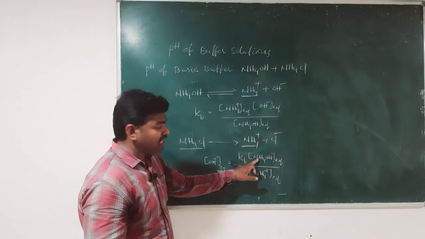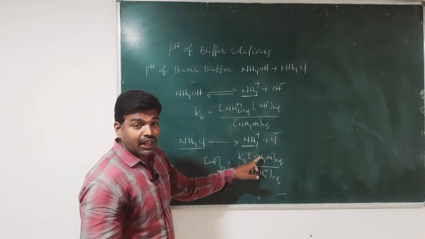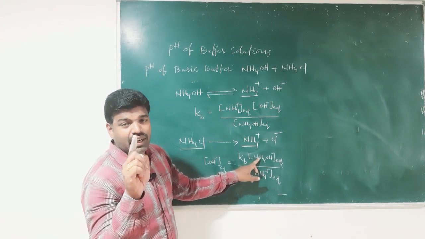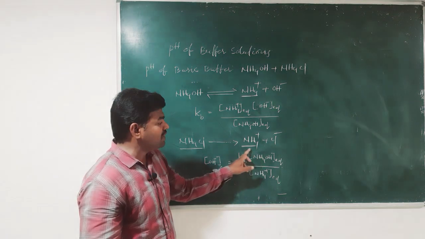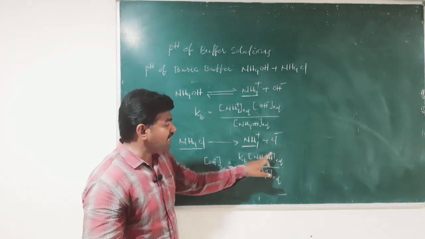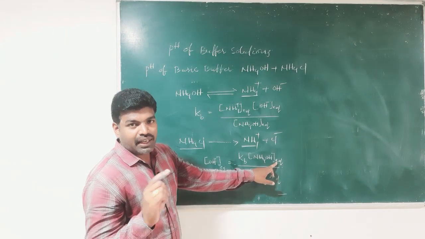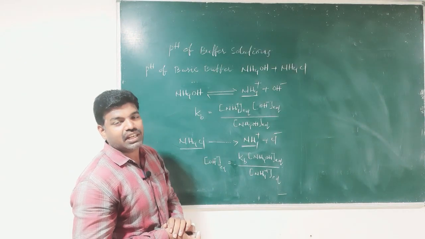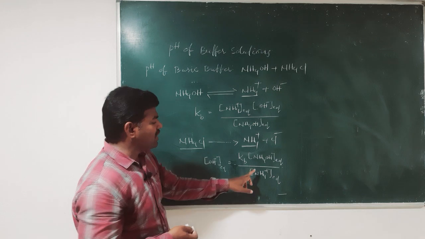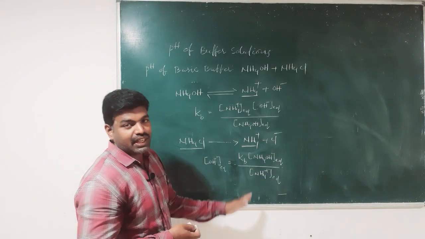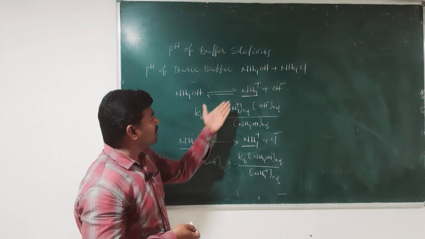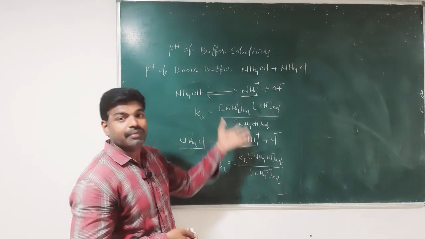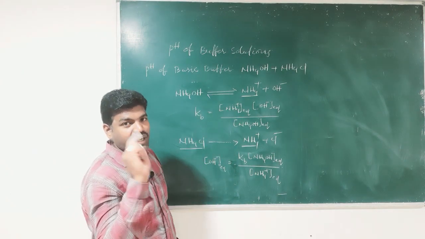Because NH4OH is a weak base, it undergoes incomplete ionization, or feeble ionization. So the concentration of ammonium hydroxide at equilibrium can be taken as the initial concentration of ammonium hydroxide, and the concentration of NH4 plus ions at equilibrium is equal to the initial concentration of salt, because this is the mixture, you should keep that point in your mind.